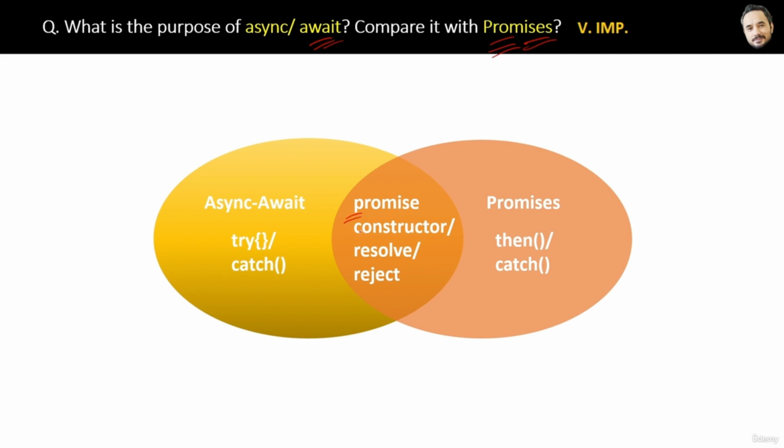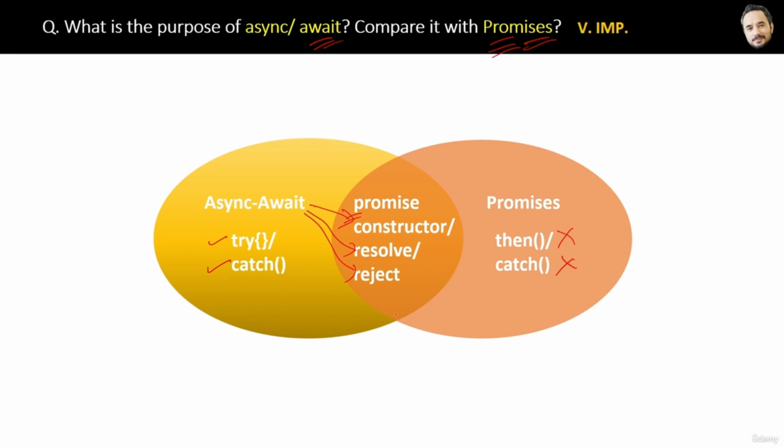For example, in this diagram, you can see how async await uses the promise constructor and the resolve and reject functions of promises. What they are not using is the then and catch functions of promises to handle the result or response of the promise, right? Instead, they use the try and catch block for handling the result. So that is the difference.